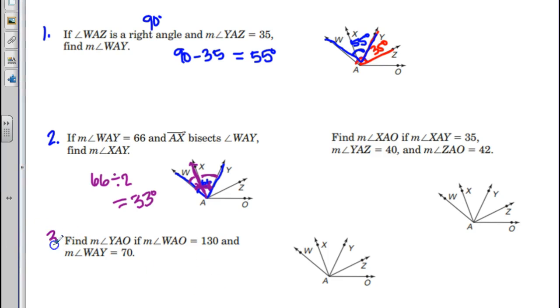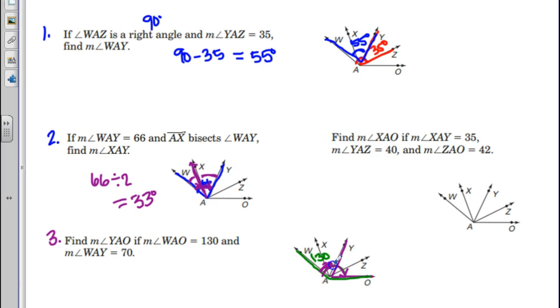All right, moving on to number 3. Find the measure of YAO if the measure of WAO is 130 degrees and WAY, so this piece right here, is 70. All right, so the whole thing all the way around is 130, all the way over is 130, and this piece is 70.